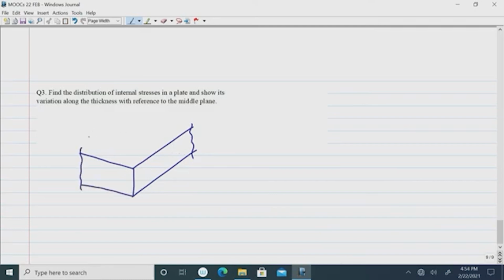I have shown a part of the plate subjected to load q, and suppose this is my Cartesian axis x, y and z. Okay. So, along the middle surface, let me show the middle surface.